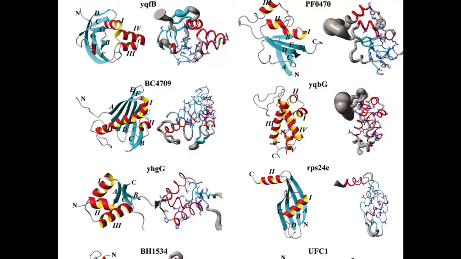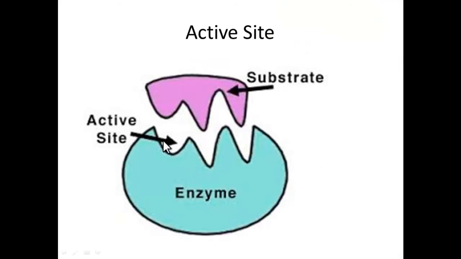And that's what gives that shape specificity. This is really important because this is the shape and the difference that we get in the active sites of enzymes. They're specific, they only work for particular substrates because they're the only ones that fit.